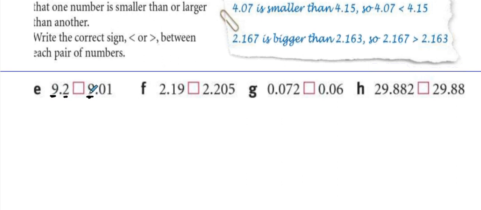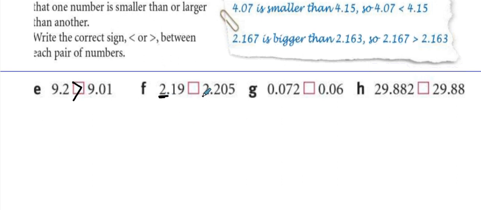This one is 9.0, so it means this number here is smaller than this number. In other words, 9.2 is bigger than 9.0. So being bigger, you put this symbol, bigger.